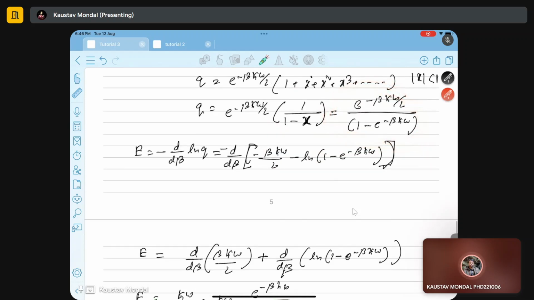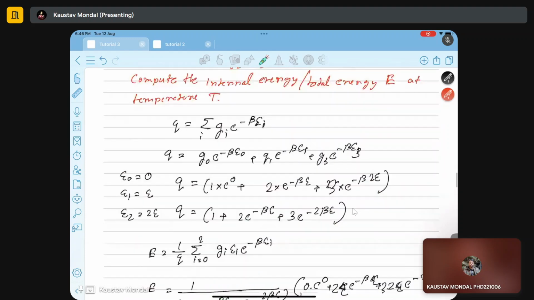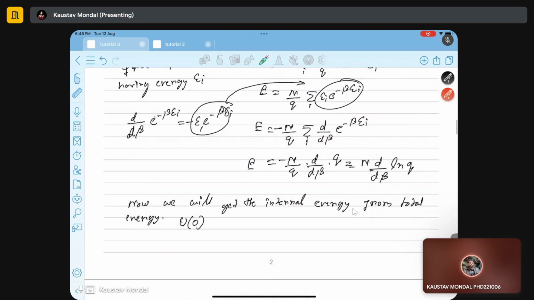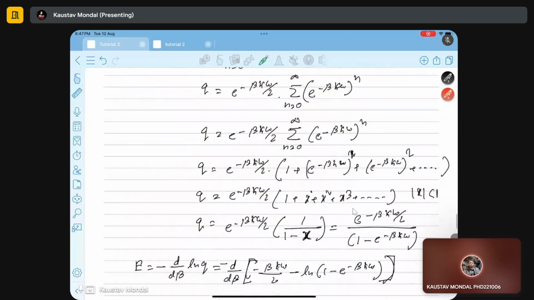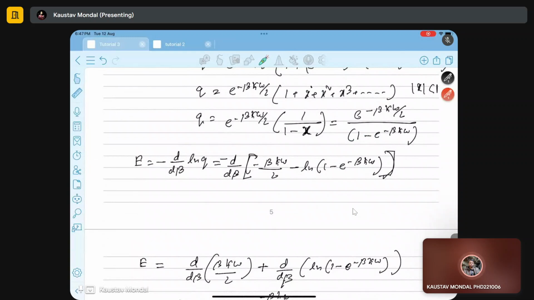And then from there, if we have Q in closed form, we can simply use this formula, the derivative that we have derived earlier, in order to get the expression of the total energy. So we have done simply the same thing. After calculating the partition function, we substitute Q into this formula in the ln Q form.